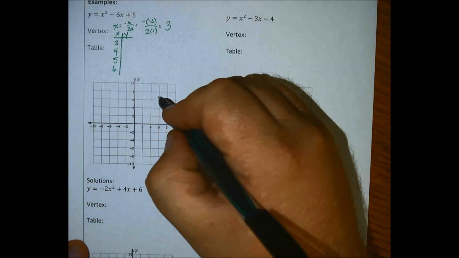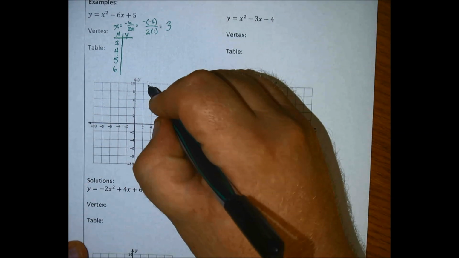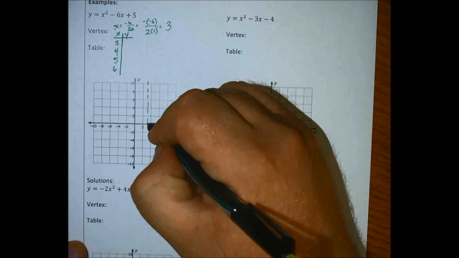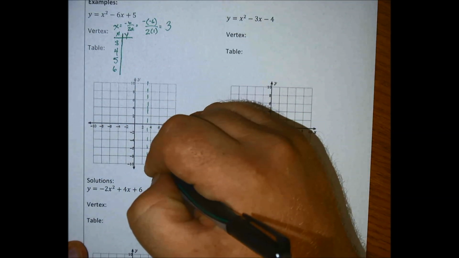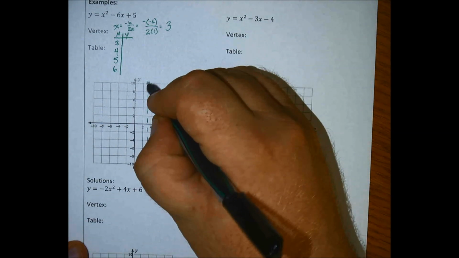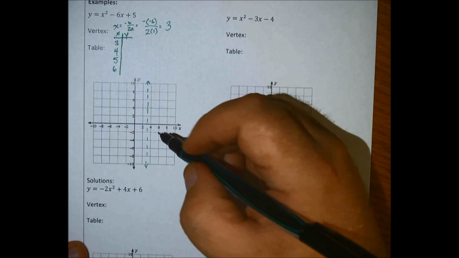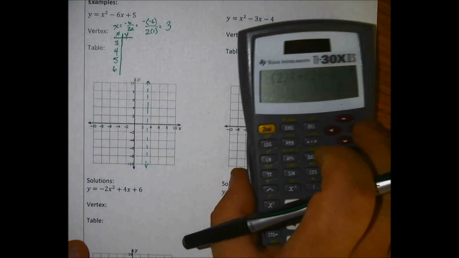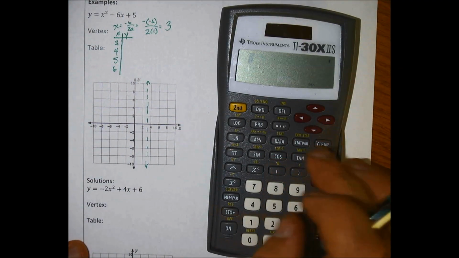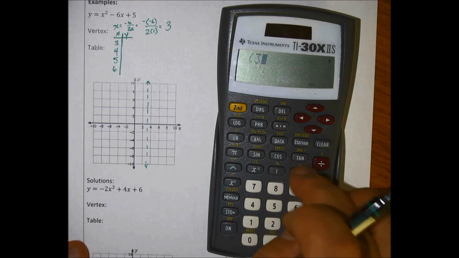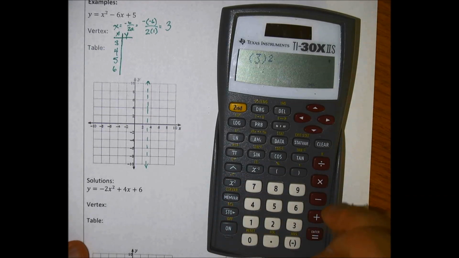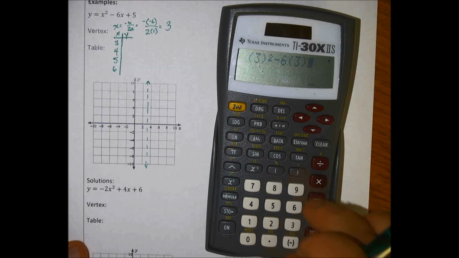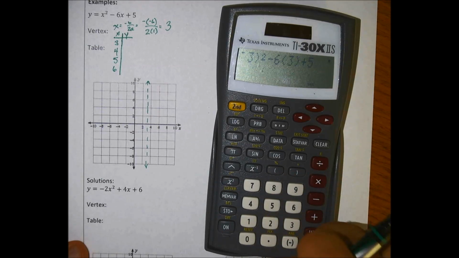Okay, so I'm going to get my dotted line at 3, and that's kind of tough here because of the scale of the graph. Every square is worth 2 units. So I need to find out where my vertex is. I'm going to go ahead and plug it into a calculator. So we're going to have 3 squared minus 6 times 3 plus 5.